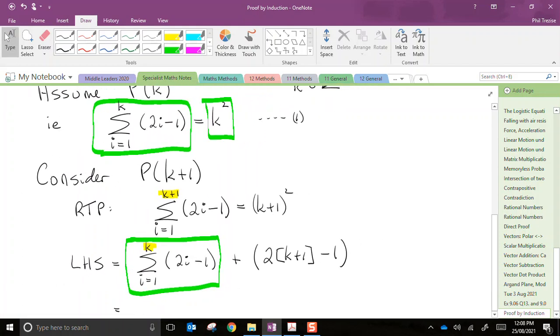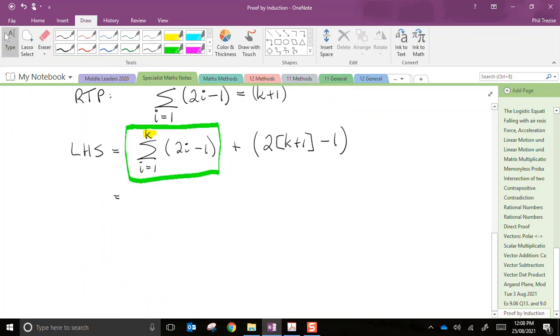So we can replace the sum from i equals 1 to k of 2i minus 1 with k squared. Now we're assuming it's true, aren't we? So we're allowed to work with that. We can put all of that equals k squared, and then expanding to make this easier would be 2k plus 2 minus 1. And I will make a note here that this was by assumption 1.